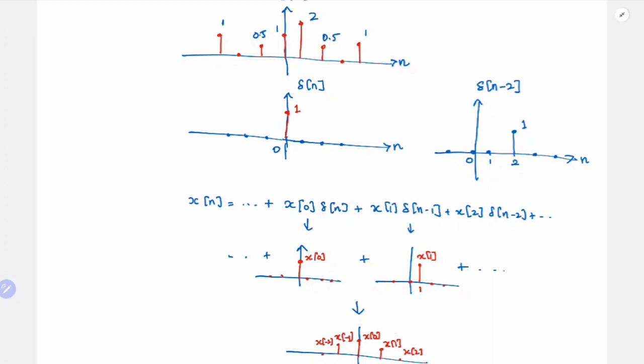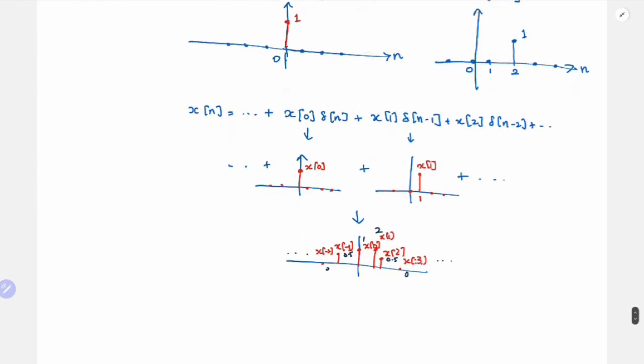Depending on whatever the value is. Here I have x of 1, this is x of 2, x of 3, right? So here it is 1, then 2, then 0.5, then 0. This side it is 0.5 and 0 and so on, right? So I can write it in this form. And how do I write it as a summation?